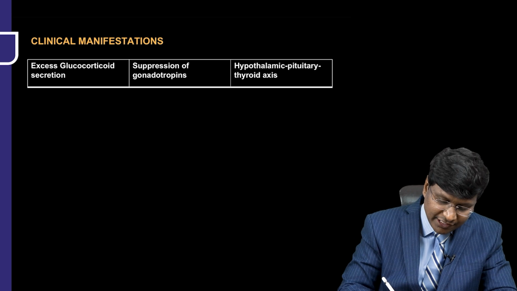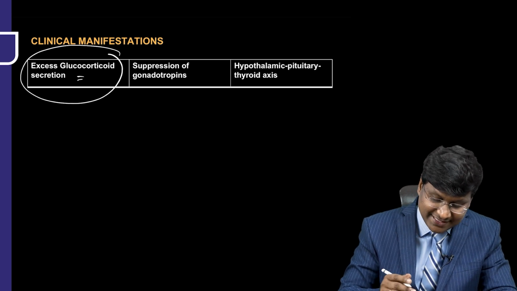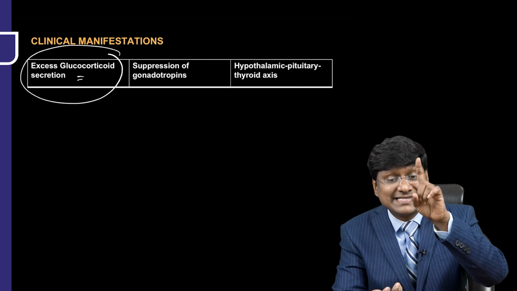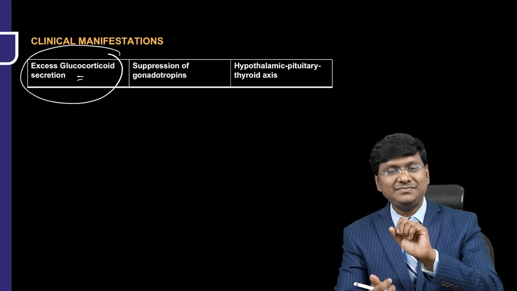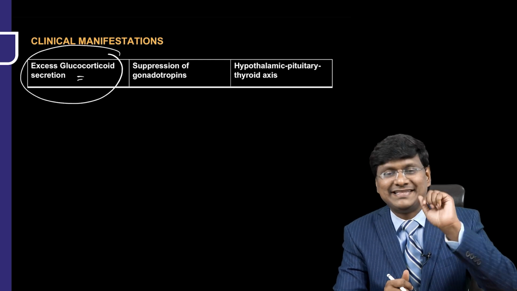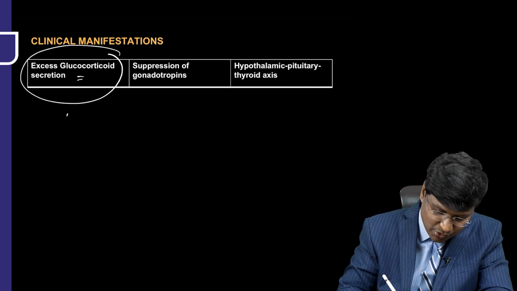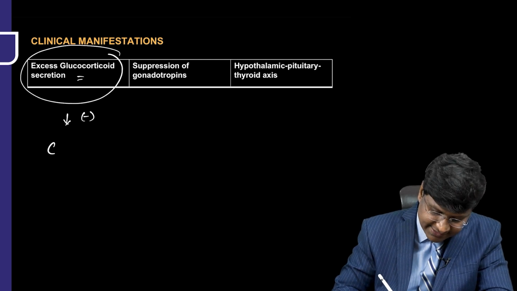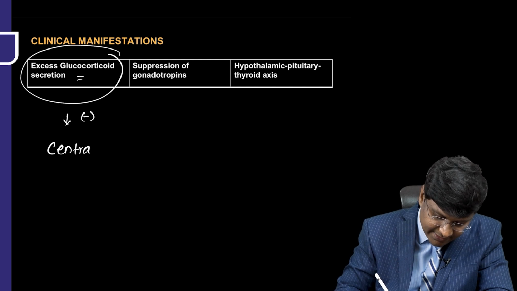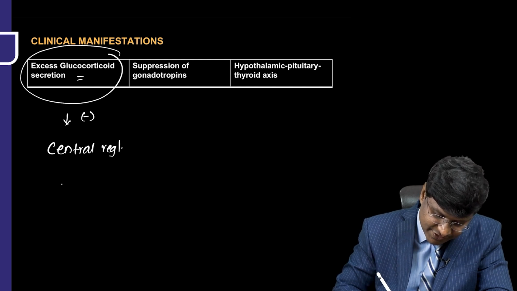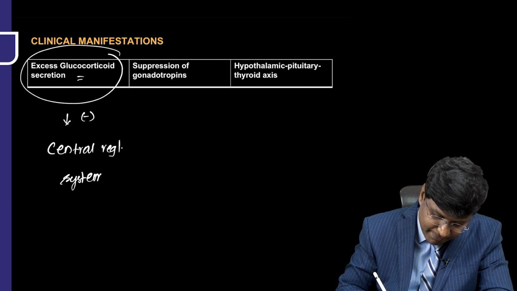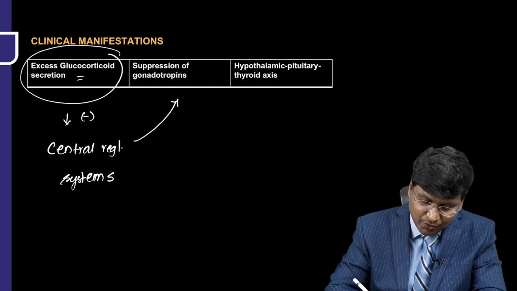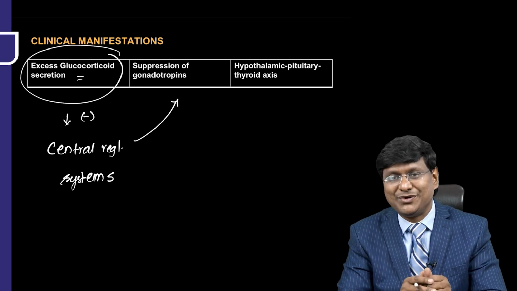Then another important point you need to know is that whenever there is excessive glucocorticoid secretion, it also interferes with the central regulatory system. What is that central regulatory system? That is in the pituitary. So this excess glucocorticoid secretion will interfere with the central regulatory systems, and that will lead to suppression of the gonadotrophins.